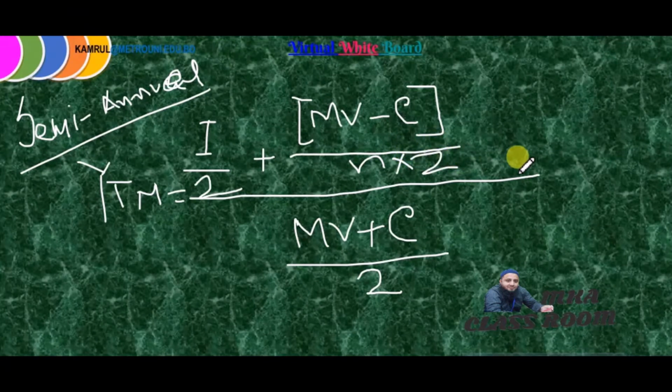Nothing else should be changed. I divided by 2, where you can simply write down the semi-annual payment value, and N should be multiplied by 2.